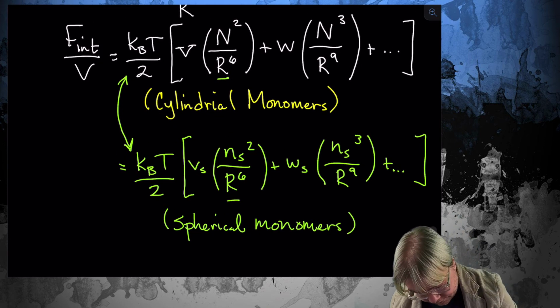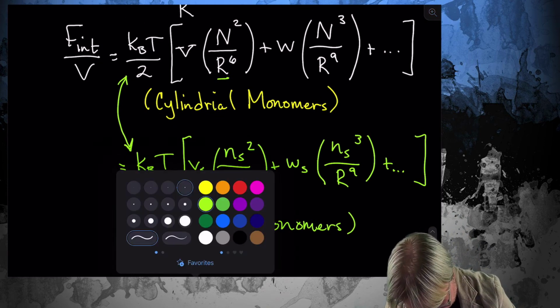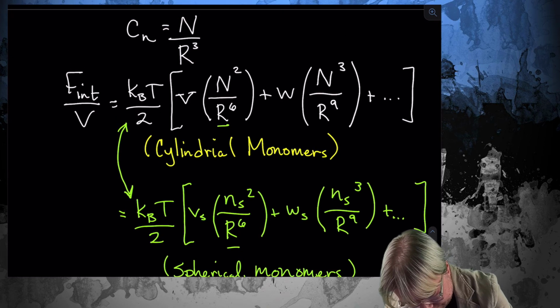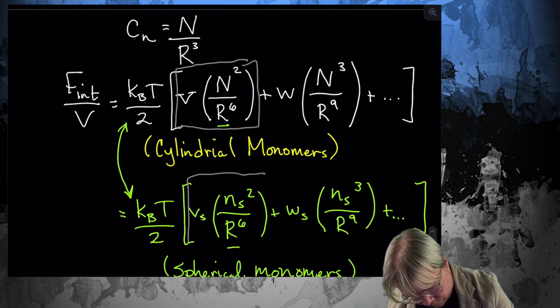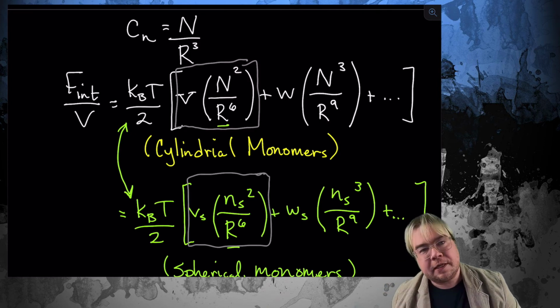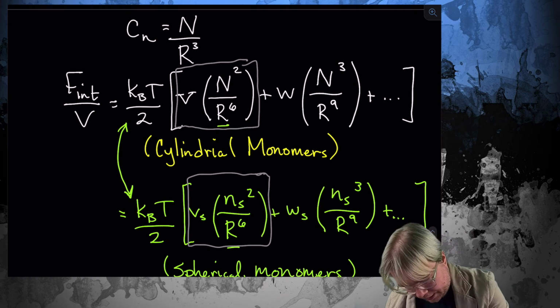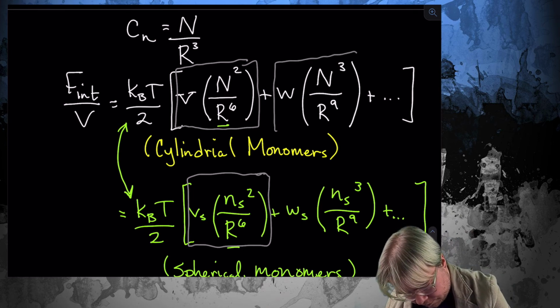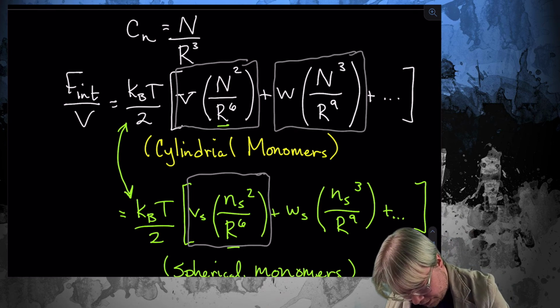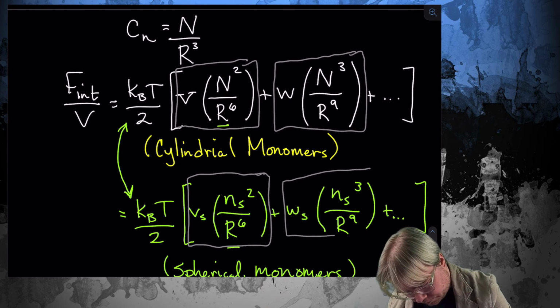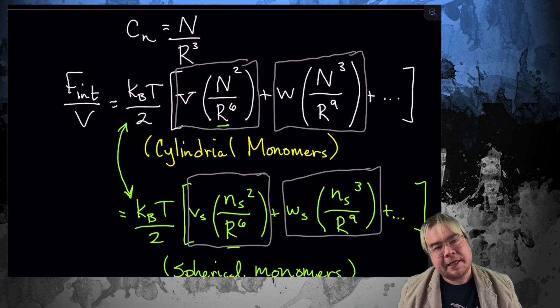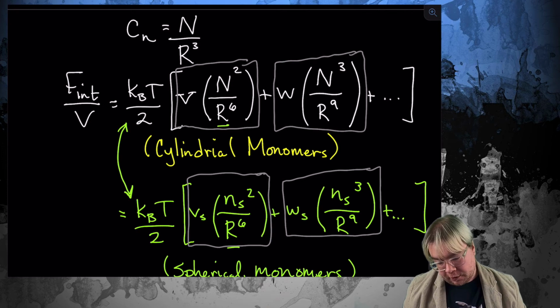So that means that this term must be equal to that term. And it means that this term has to be equal to that term. And the R's are the same.